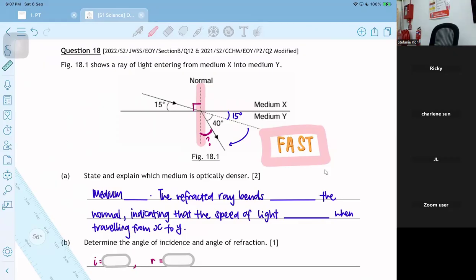Is it X or Y? Okay, go and figure it out yourself. Look at how it bent.